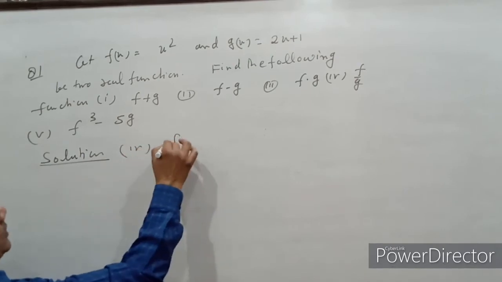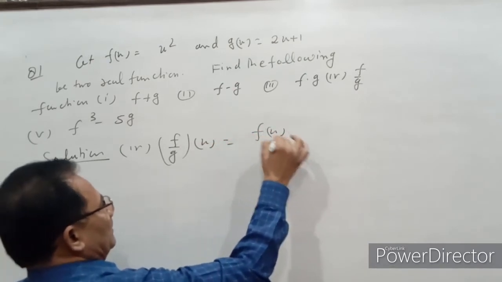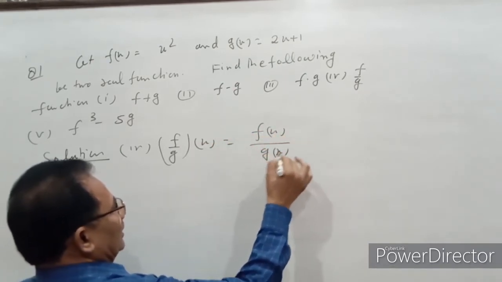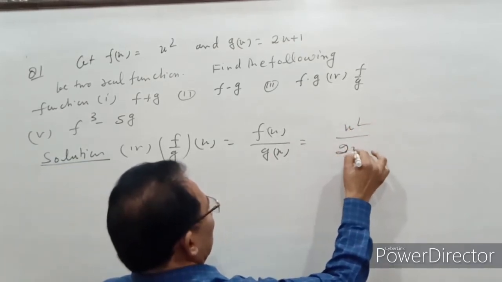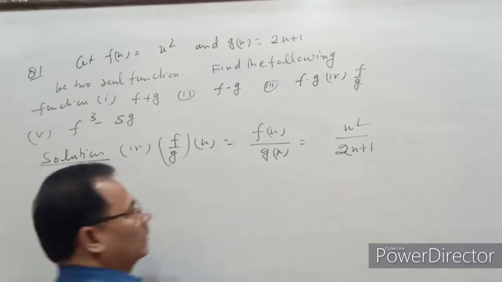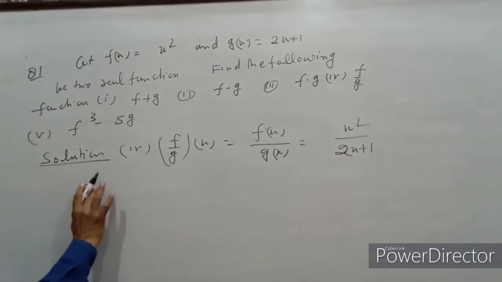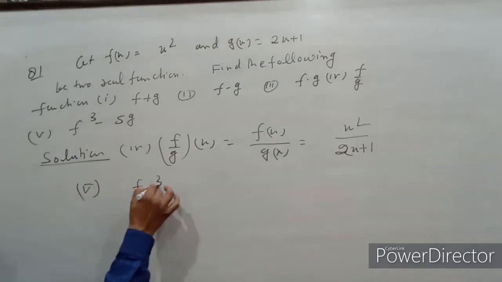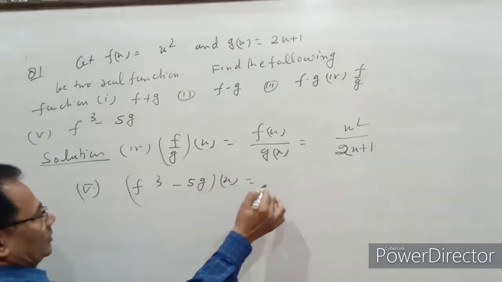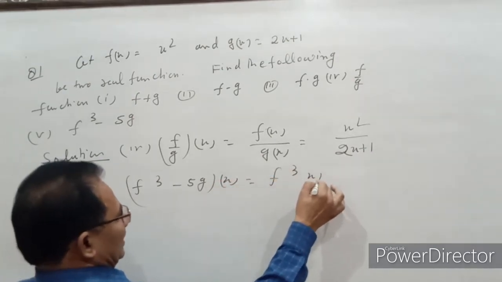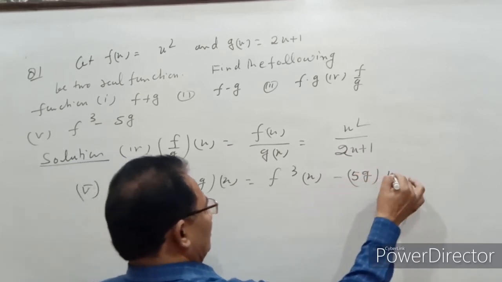That is f upon g, or x is equal to f(x) upon g(x). The value of f(x) is x squared upon 2x plus 1. Fifth part: f cubed minus 5g, that is x is equal to f cubed (x) minus 5g into x.